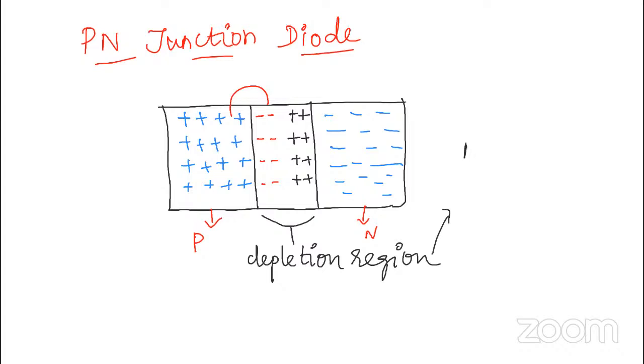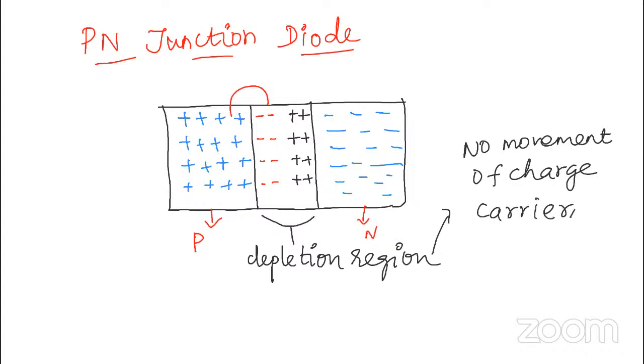So there is no movement of charge carriers in this region. Charge carriers have no mobility. Mobility means movement. So simply we are saying that it is an immobility portion, immobility region. So in this particular region, it is the depletion layer.